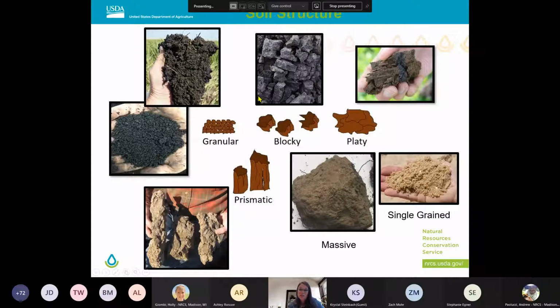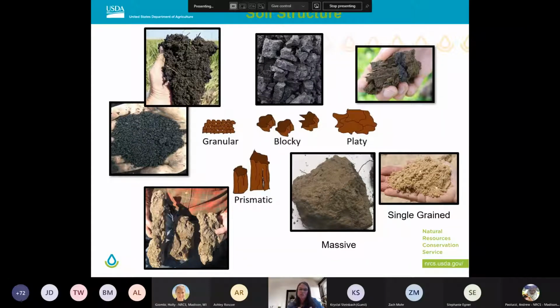And then we have platey structure, which is horizontal plates. This is typically in the E horizon, but it can also be in horizons where we have some compaction going on. We have prismatic structure, shocker, looks like prisms. Again, typically found in the B horizon. Then these last two, we have massive or single grained. If you look at those compared to the other structures, it is what it is, right?